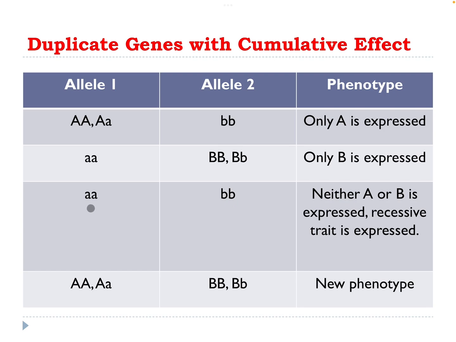If it's recessive A and recessive B, so neither A nor B is expressed, the recessive trait is expressed. But when there is a presence of dominant A, either homozygous or heterozygous, and the presence of dominant B gene, either homozygous or heterozygous, you will produce a new phenotype.